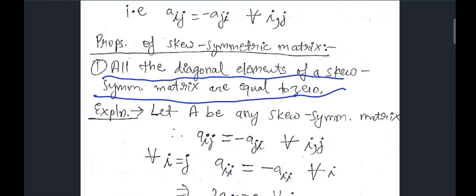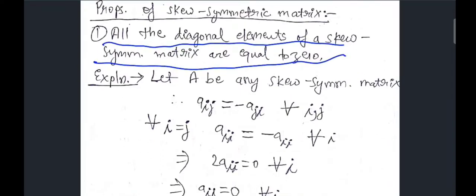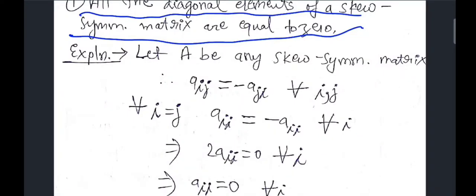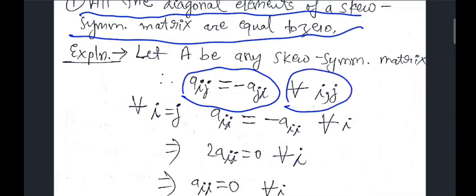Now let A be any skew symmetric matrix. Then clearly Aij equals minus Aji for all i, j.